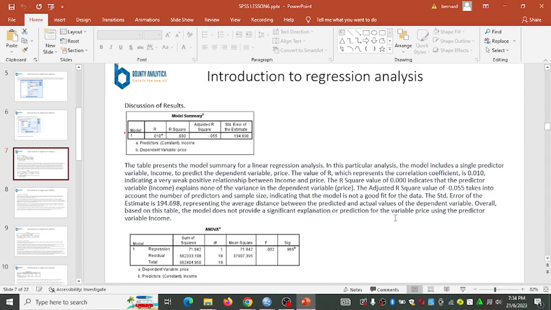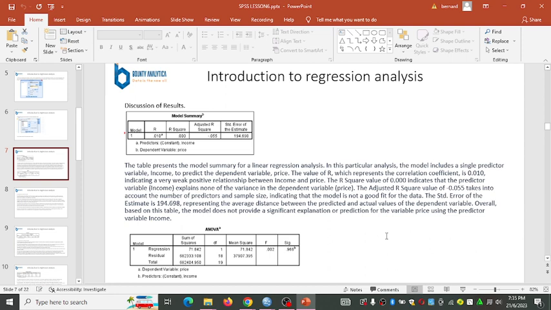Another thing is the ANOVA table. A question: if we enter something with a very strong relationship, maybe the R squared is around 0.5, what would be the value of the standard error?